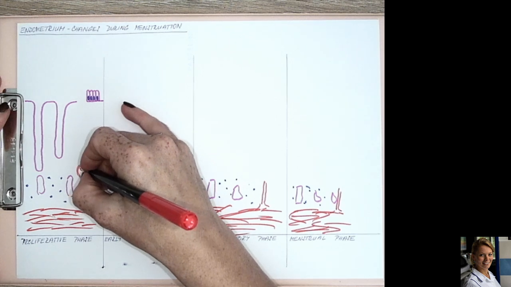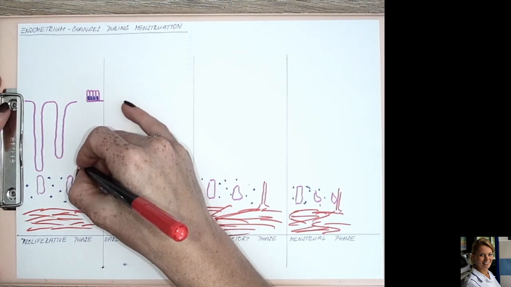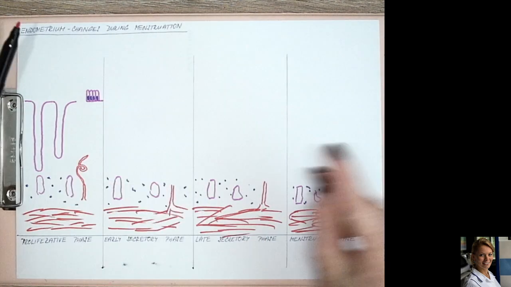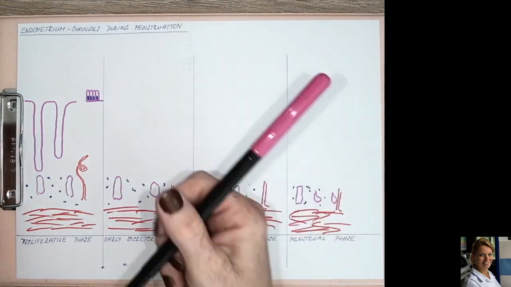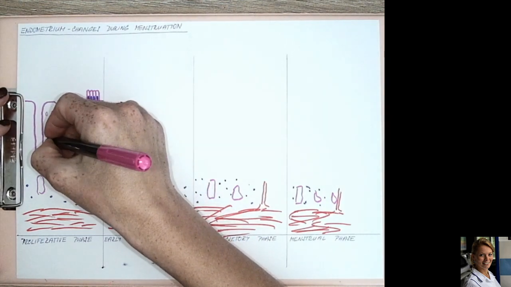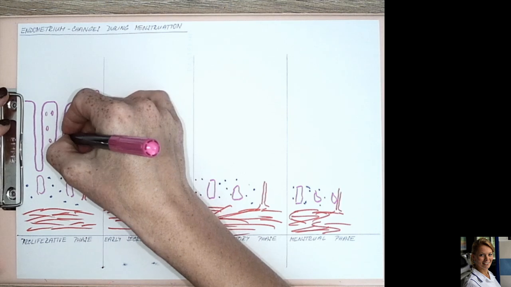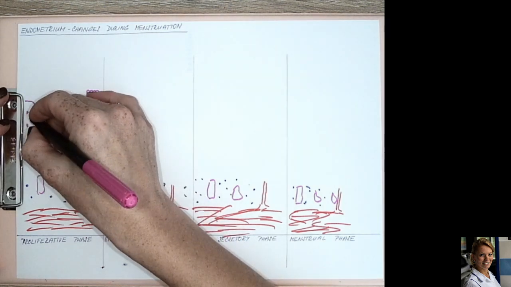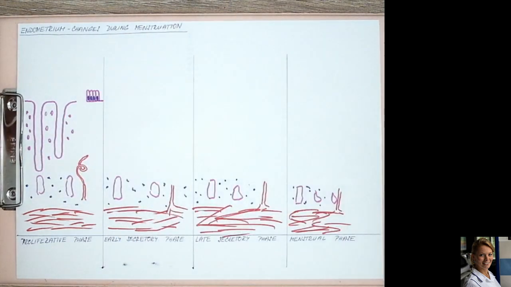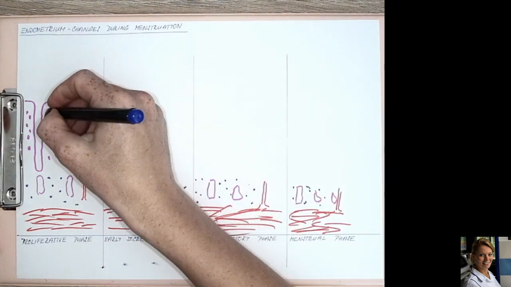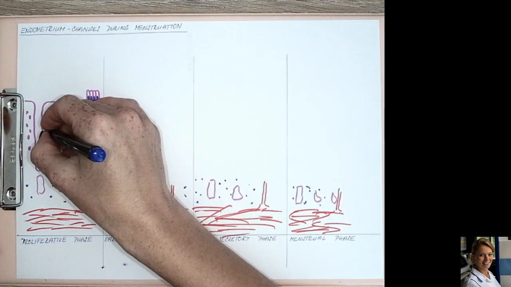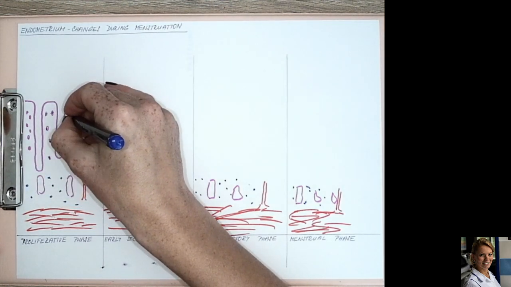And the stromal cells are small, and very often you can see mitotic figures in the epithelium and in the stromal cells.